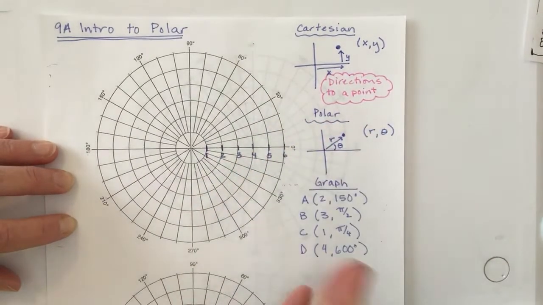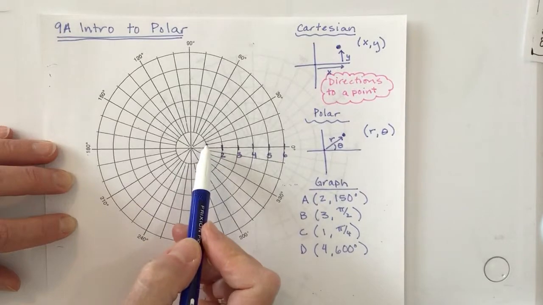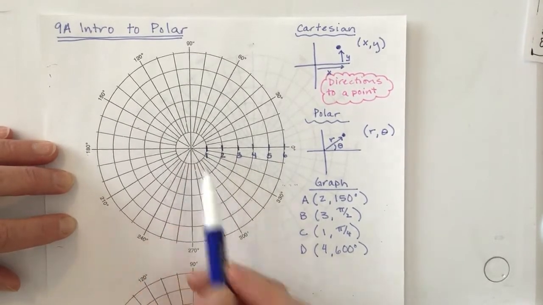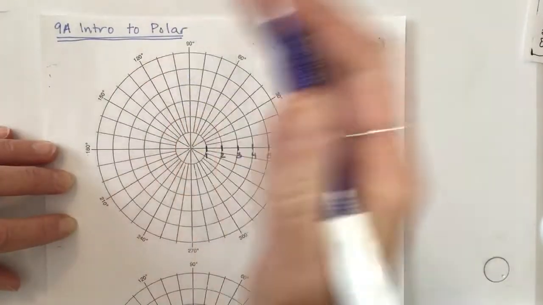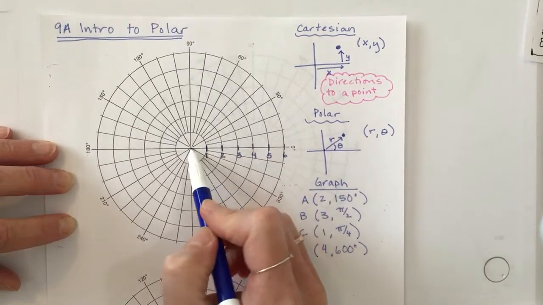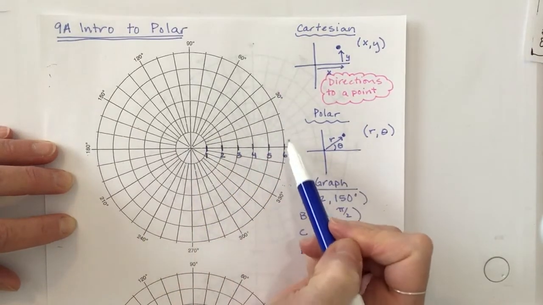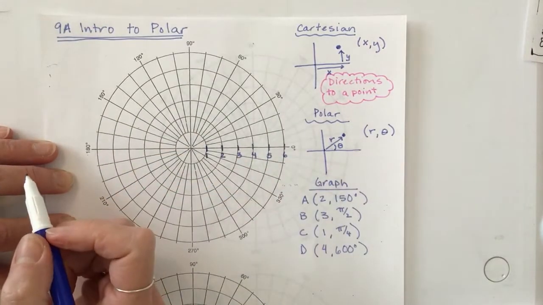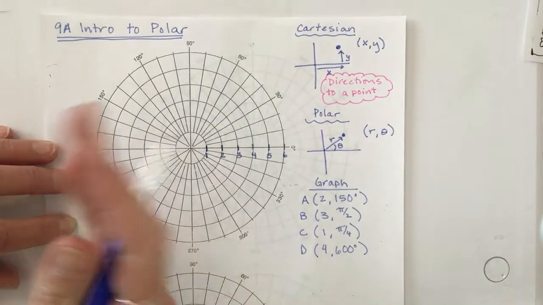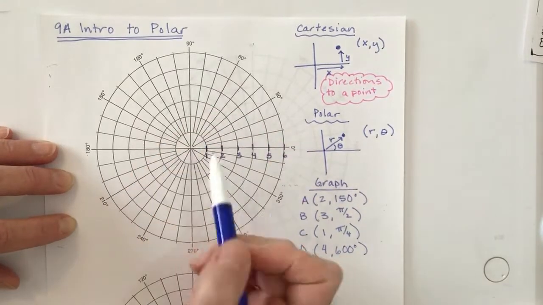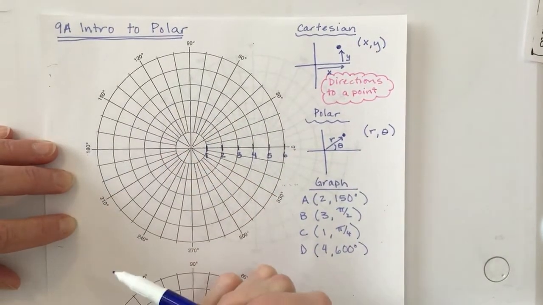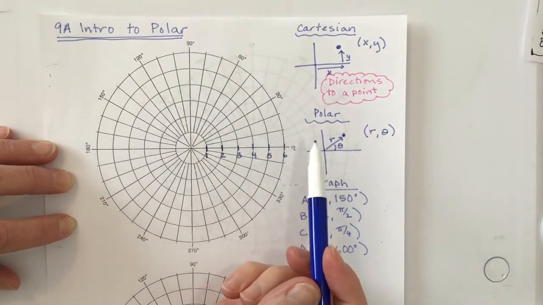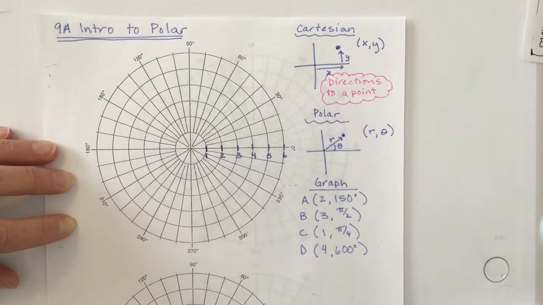So you can see each concentric circle represents a different r value or a different distance from the origin. And then this nice paper has all, or most of, the angles that we would want on here. And notice this happens to be in degrees, but that doesn't faze us because we can convert from degrees to radians, no problem.